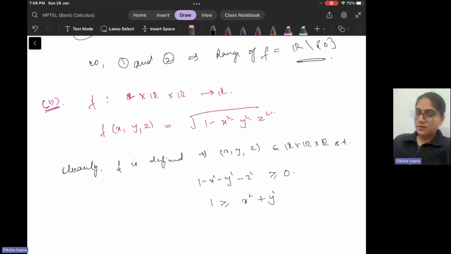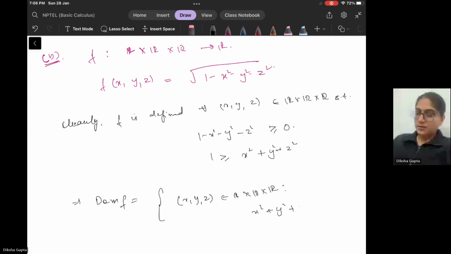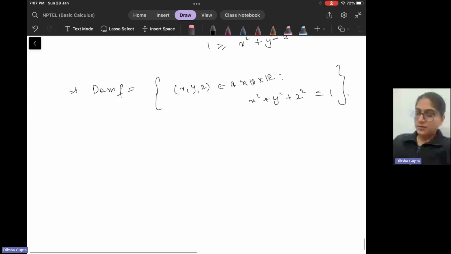So 1 is greater than or equal to x square plus y square plus z square, implies the domain of f is all those (x, y, z) such that x square plus y square plus z square is less than or equal to 1. Basically the interior of the sphere in R3.